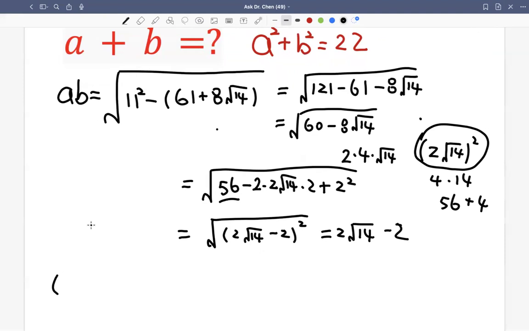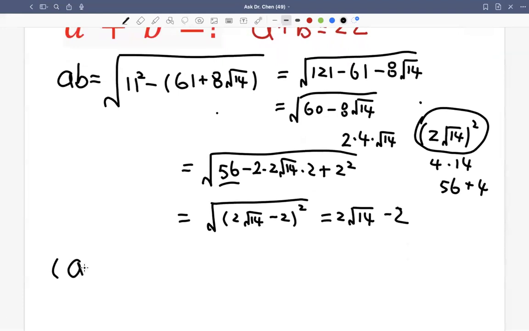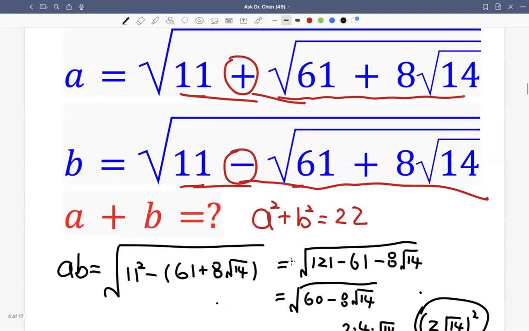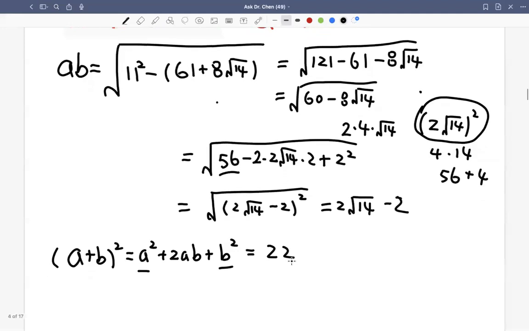Now we want to find A plus B. Let's find A plus B squared first, then take the square root. So A plus B squared is A squared plus 2AB plus B squared. A squared plus B squared is 22, as we calculated.